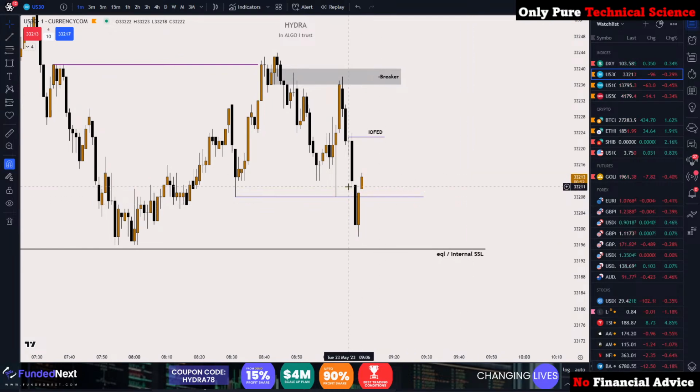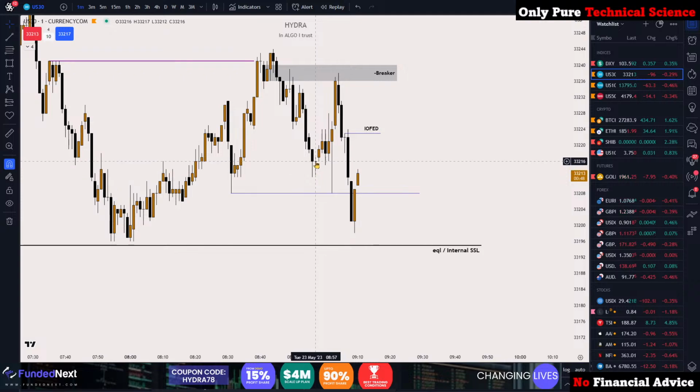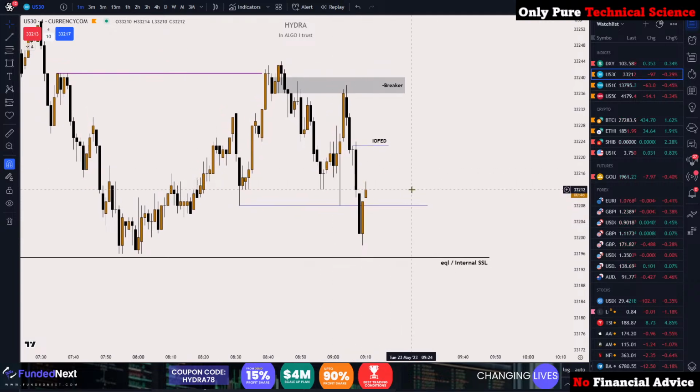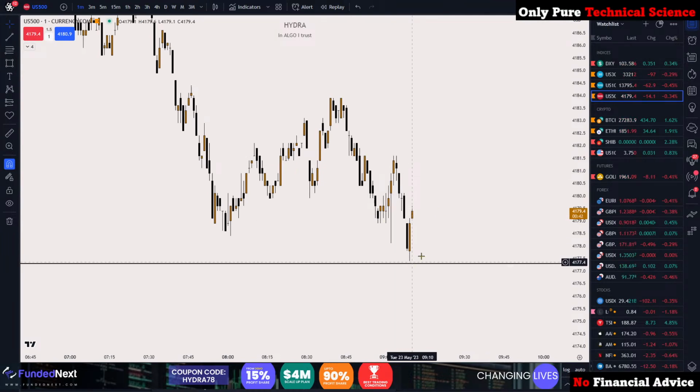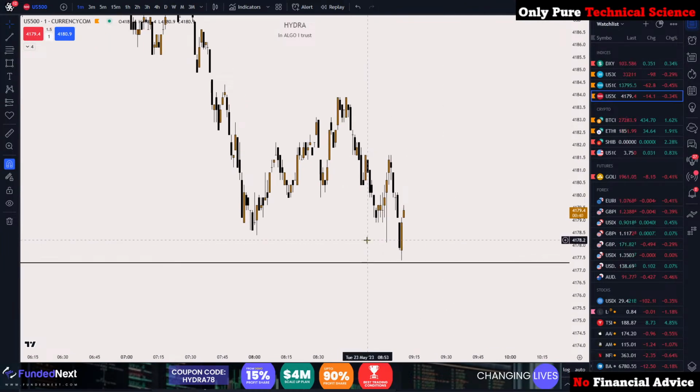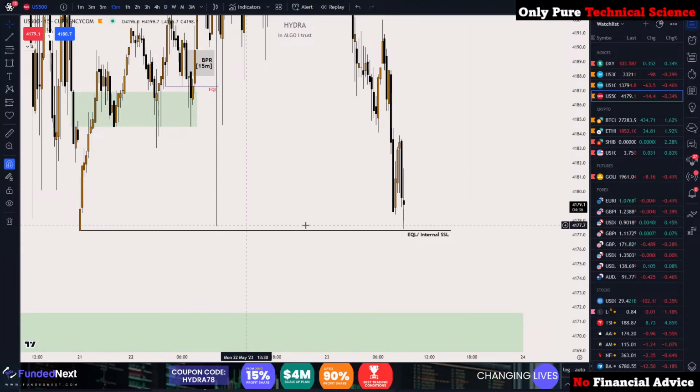So price is retracing back. That's our mitigation block. A retracement from this mitigation block again, that's what I'm expecting to see. US500 lower low here is still not an SMT. I will not consider this low as an SMT, as price has generated relative equal lows again at these levels.